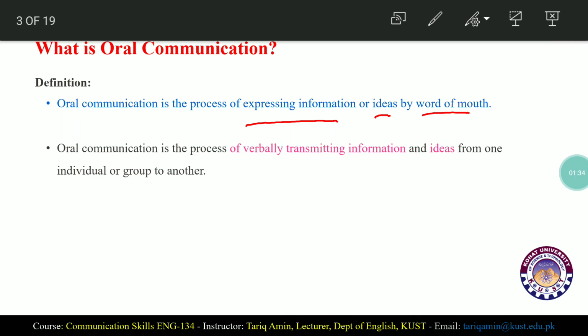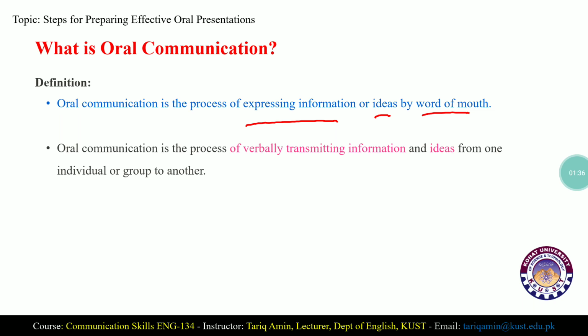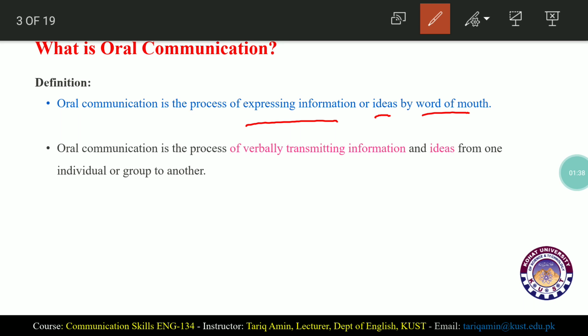Or it can also be defined as oral communication is the process of verbally transmitting information and ideas from one individual to another individual or from one group to another group. So it is the verbal transmission of information or ideas from one person to another person or from one group to another group.